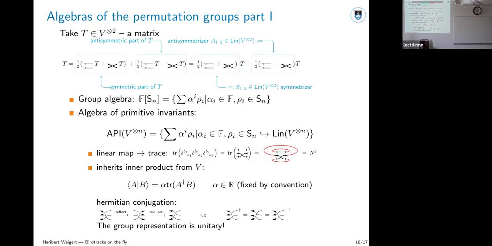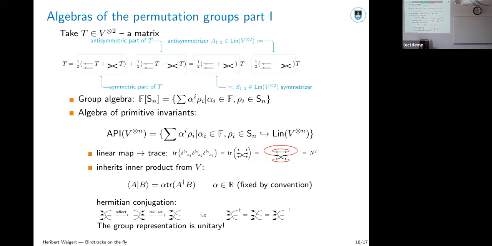Well, that's a procedure that we've seen a little earlier. For a permutation, that is just the inversion of the operation for an individual permutation. So we have a representation of the permutation group on these tensor spaces that is actually unitary with respect to this particular inner product.